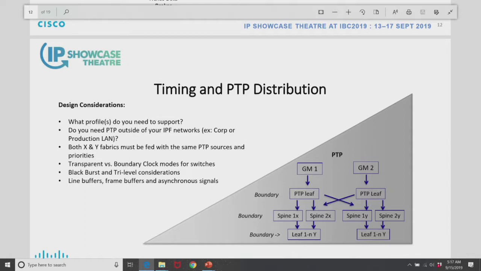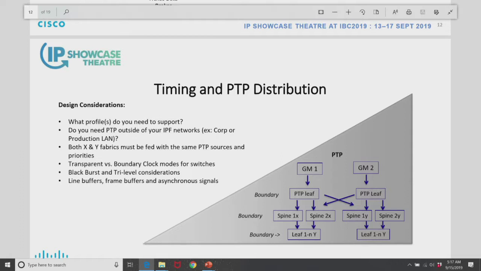What we broke here is the airtight separation. Through this PTP leaf, we connected X and Y. Why did we connect them together, when we said they are airtight?